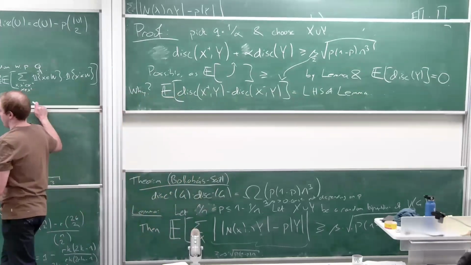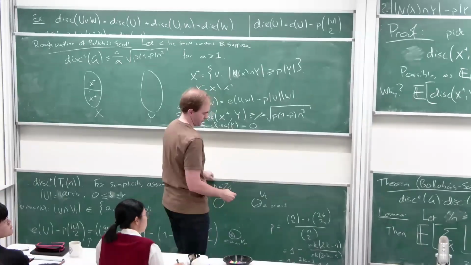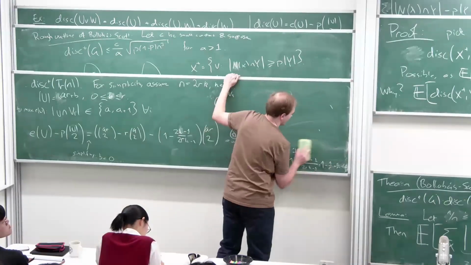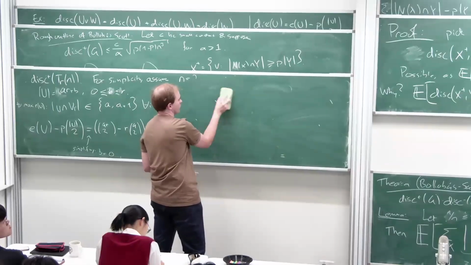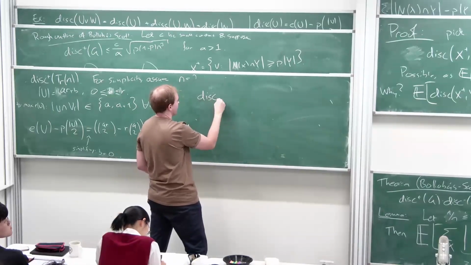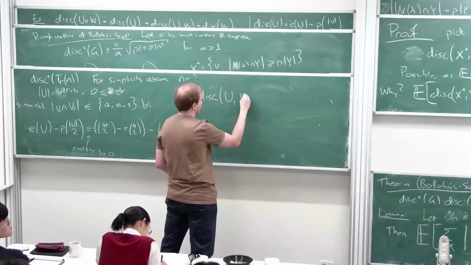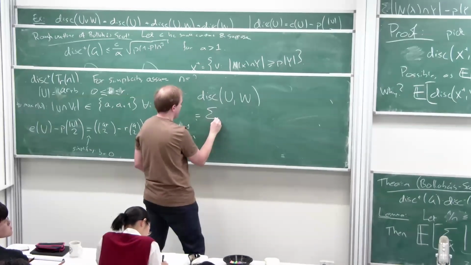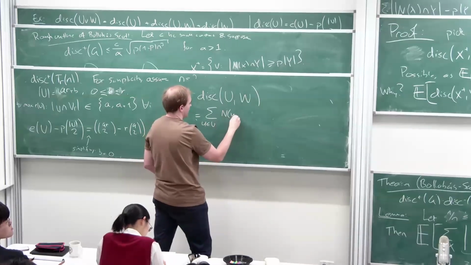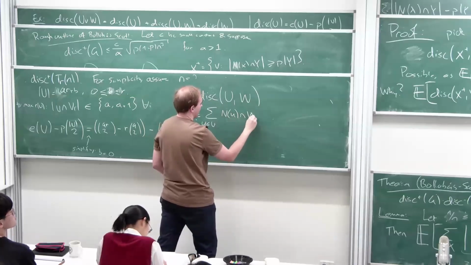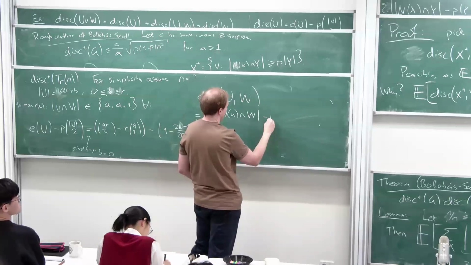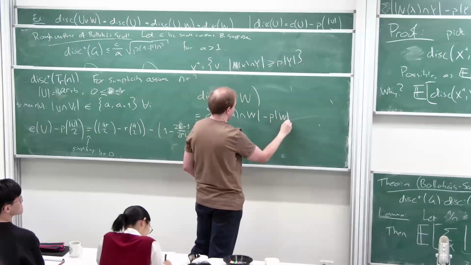So here I'm using the fact that I can write the discrepancy of u and w as the sum over u in U of how many neighbors it has in w, minus the average.